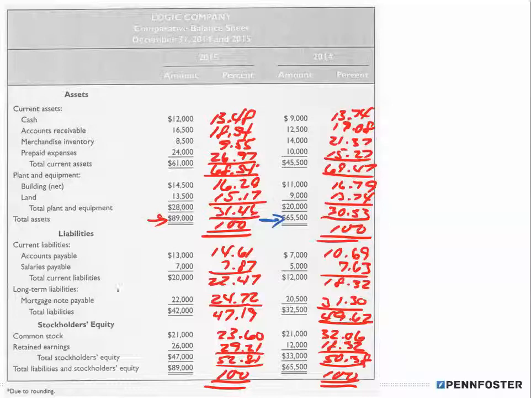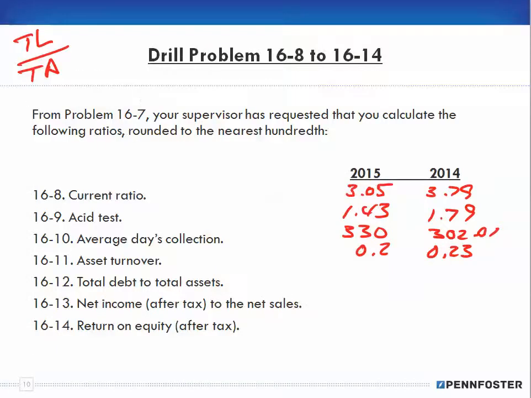So I have my total liabilities of 42,000 and my total assets of 89,000. 42,000 divided by 89,000 gives me 0.471. So that's 0.47 for my total debt to total assets.